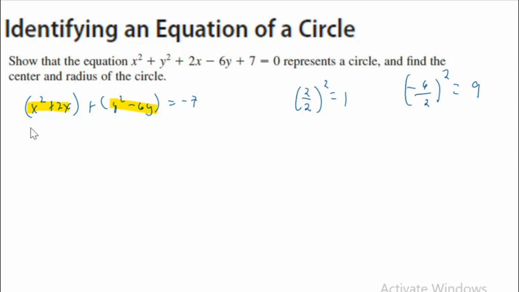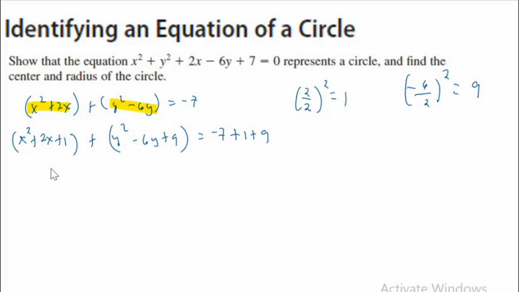Let's make this a perfect square trinomial. So we have x squared plus 2x plus 1, plus y squared minus 6y plus 9, equals negative 7 plus 1 plus 9, since the numbers that we have added are 1 and 9.